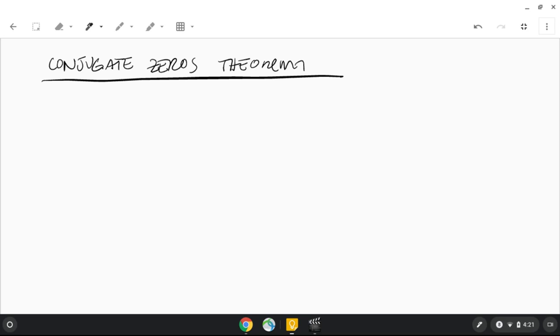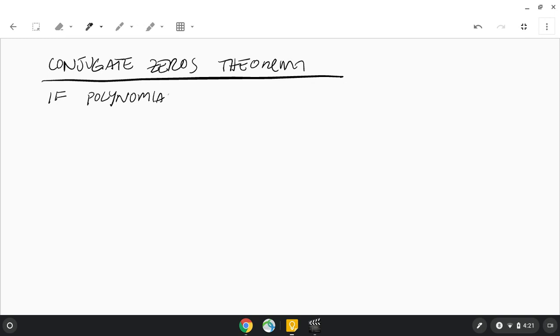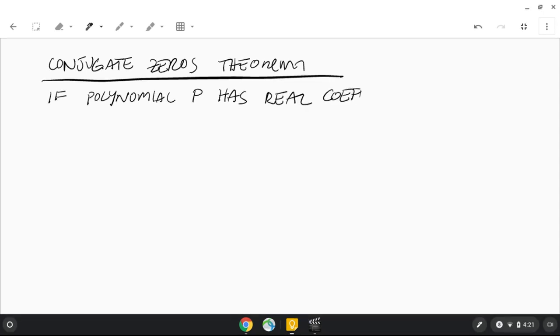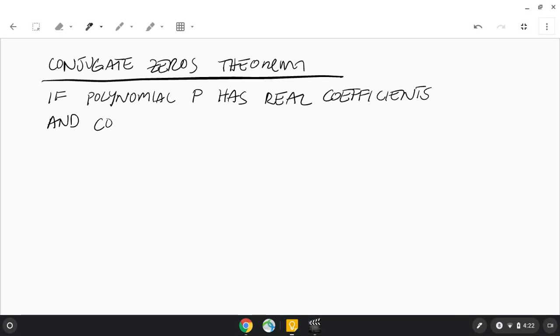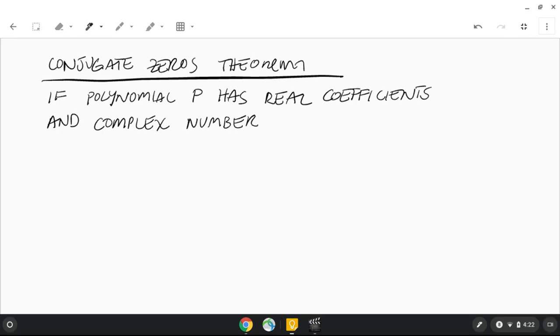Okay. So if polynomial P has real coefficients and complex number a plus bi is a zero.